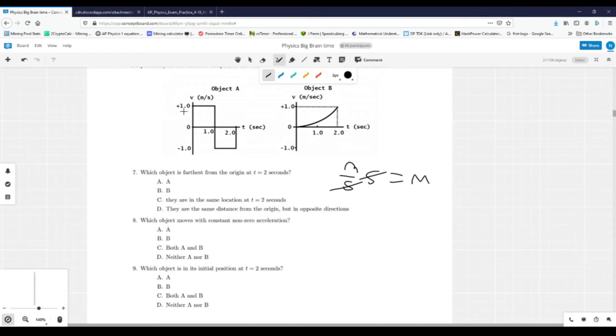So that means that the area under a velocity-time graph is displacement, which is in meters. So as you can see, in this graph, what is the displacement of object A? 0, exactly. And the displacement of this one is something that isn't 0. So therefore, object B went farther.